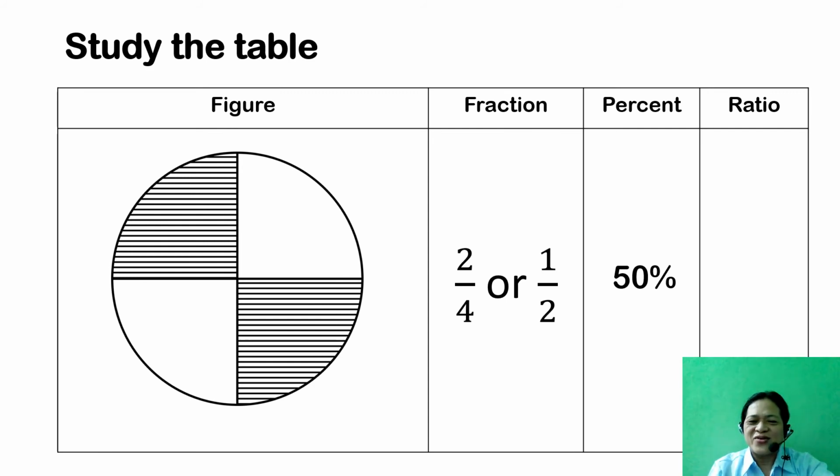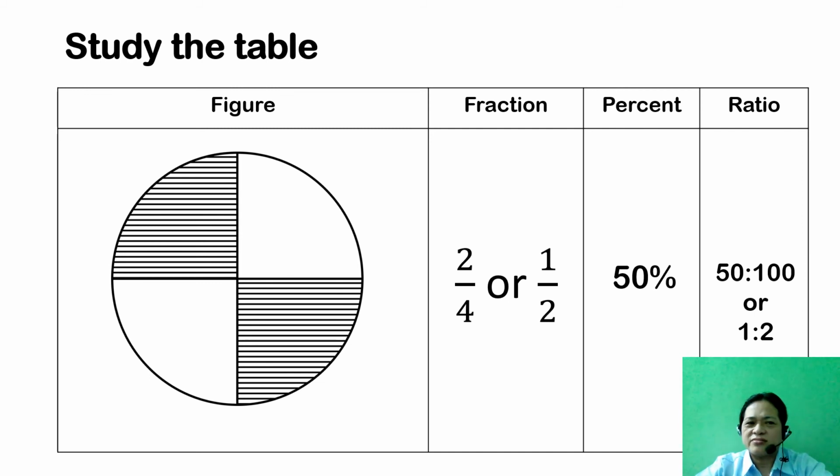You multiplied the denominator by 50 as well as the numerator by 50 and came up with 50%. Is it clear? What about in ratio form? How will you write it? Very good. It is 1 is to 2. Is there any question?